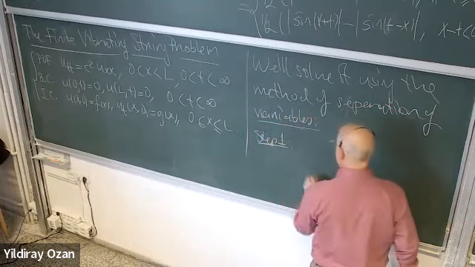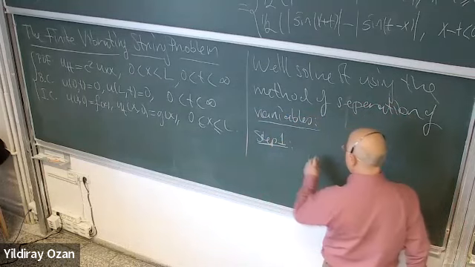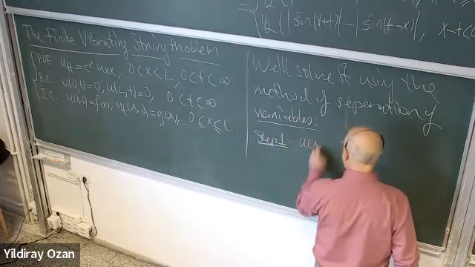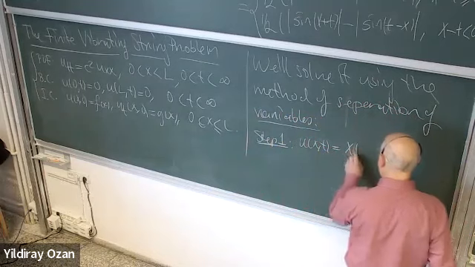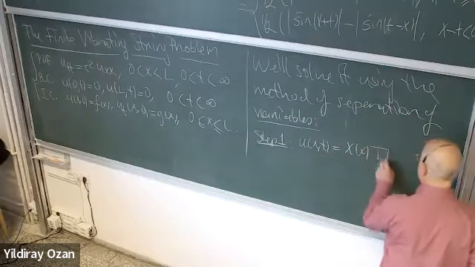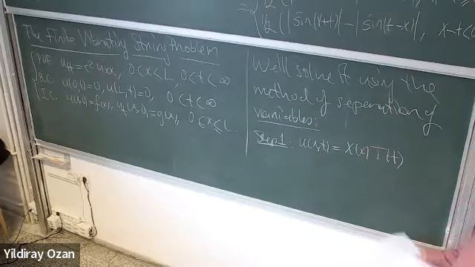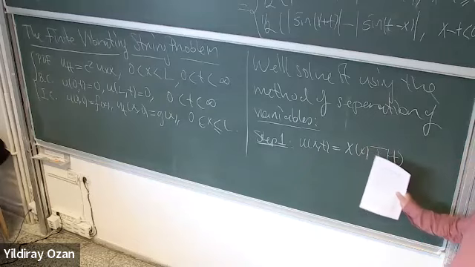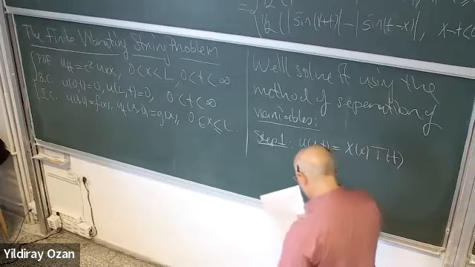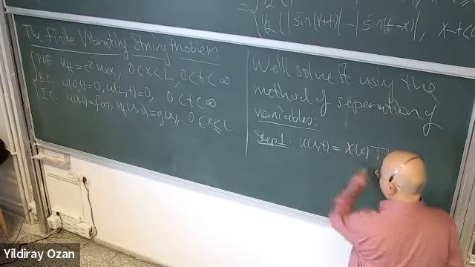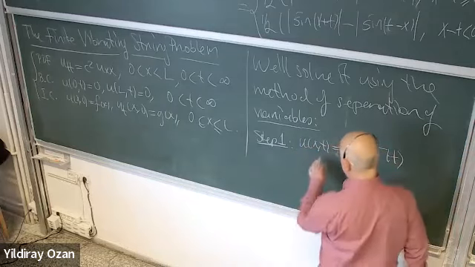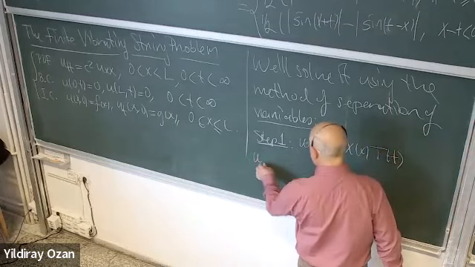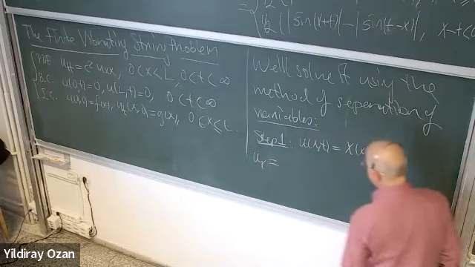Step one is we try solutions of the following form: a function of x times a function of t, right? We assume that the variables are separated in product form like this, and then we just plug this into the equation. So we just take derivatives. What is, for example, u sub x?